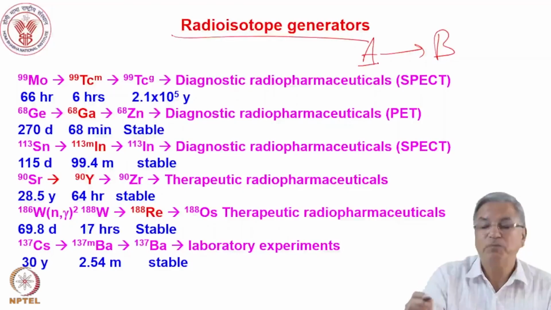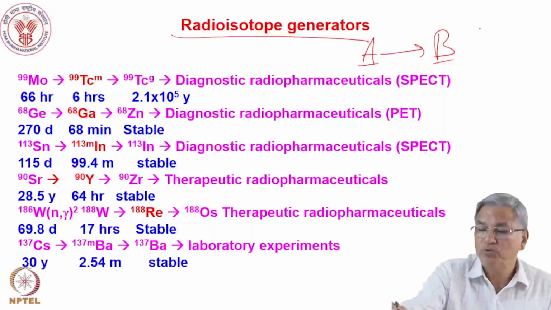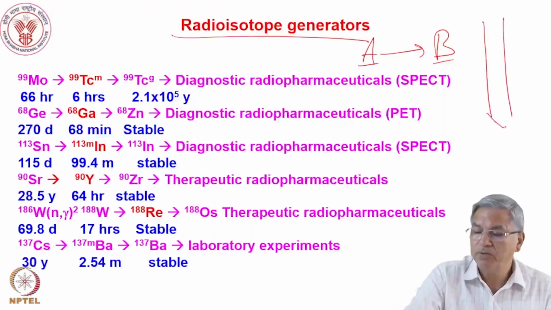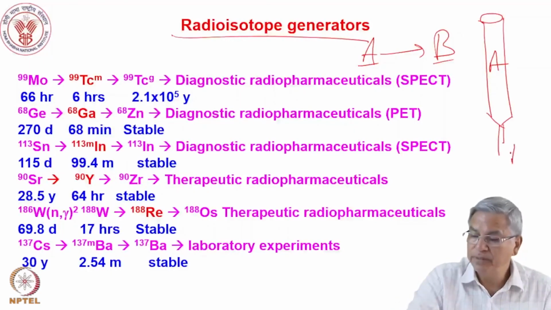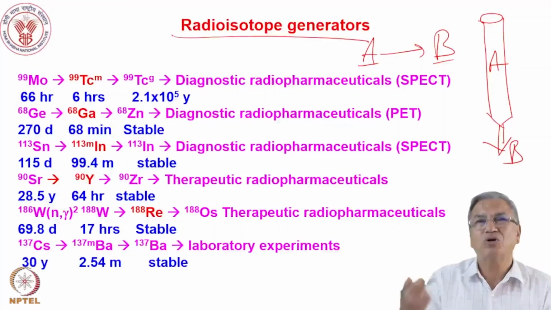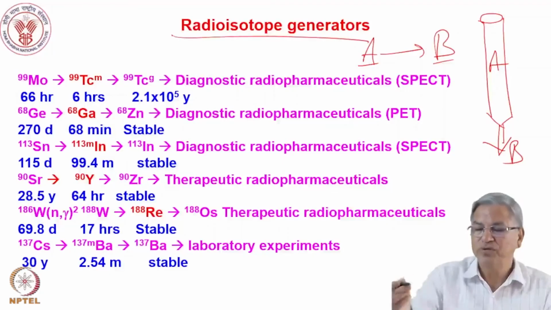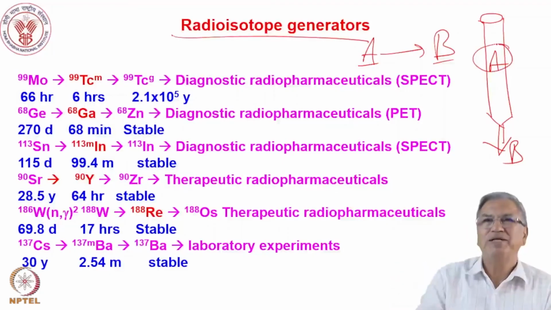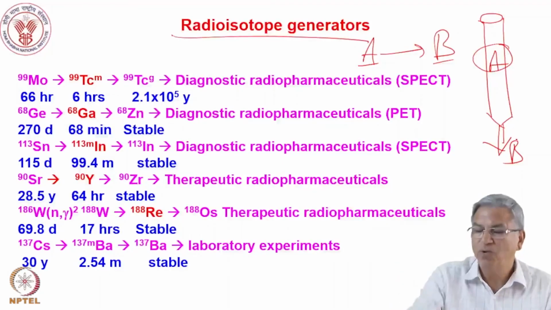You have a long-lived parent and a short-lived daughter, and you can put A in a column, and you can milk B. So this is a cow. It's called a cow. You milk the cow. So you can hold the parent isotope in the column, and you can go on milking.